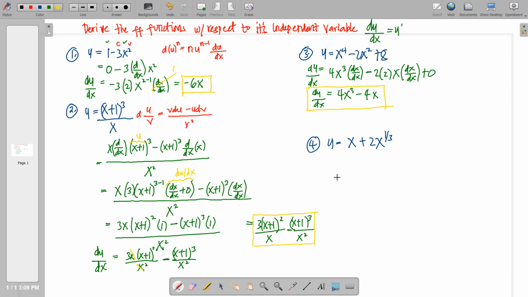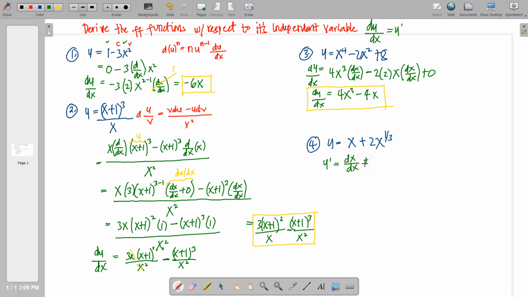Okay, moving on to the next, we have here, say, derivative of y with respect to x. Perhaps you can express that into y prime, or dy over dx. So the first term is x, so that is simply dx all over dx.